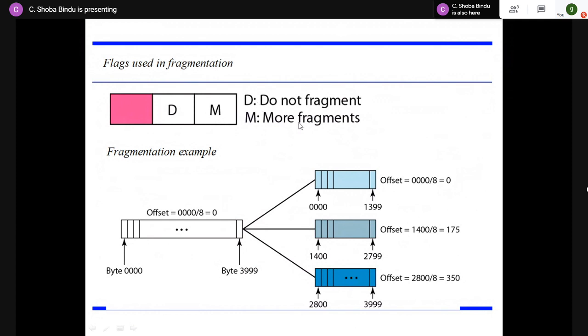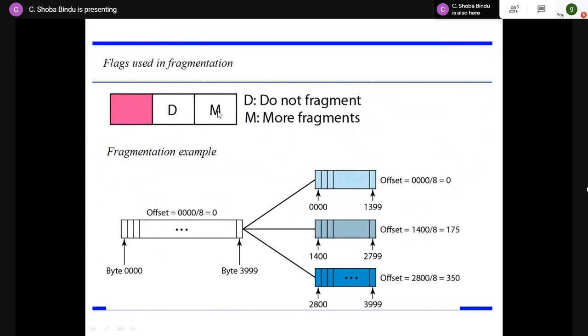And the next bit is the M bit. It indicates more fragments. When we have fragmented a large datagram into a number of fragments, if a fragment has further fragments following it, then this bit is set to 1. For the last fragment only, this bit will be set to 0. If it has only a single fragment, then also this bit will be set to 0.